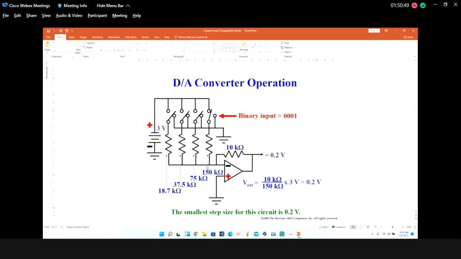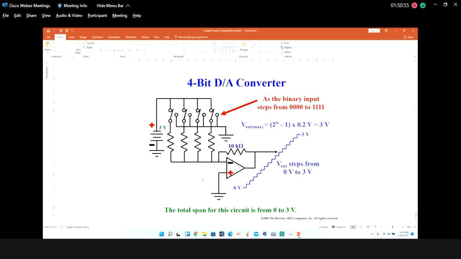The connection of this op-amp is as a summing amplifier. We want to use that summing amplifier to convert the binary digital signal to an analog signal, which is the real voltage that we use in daily life.